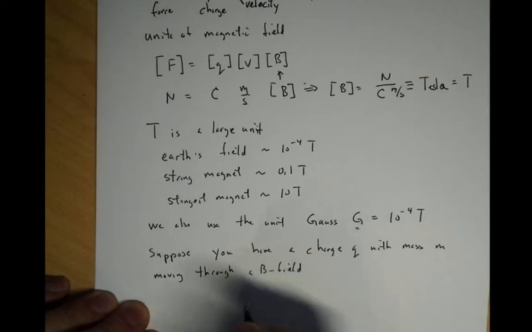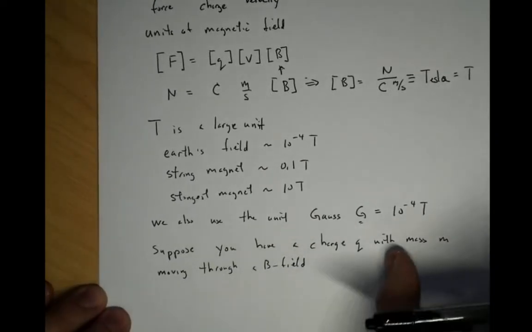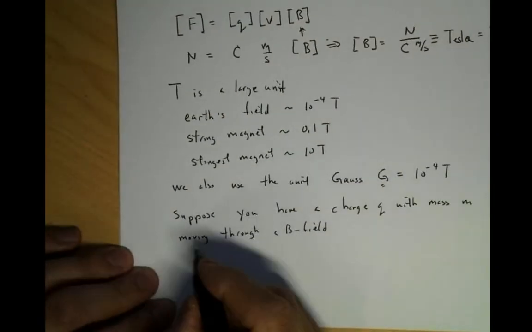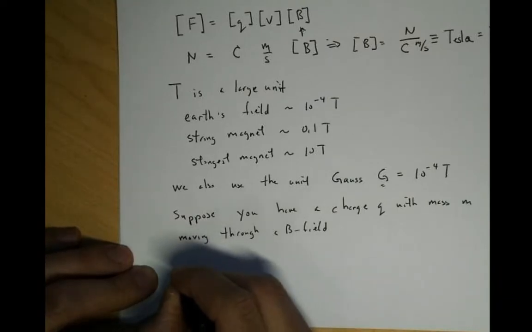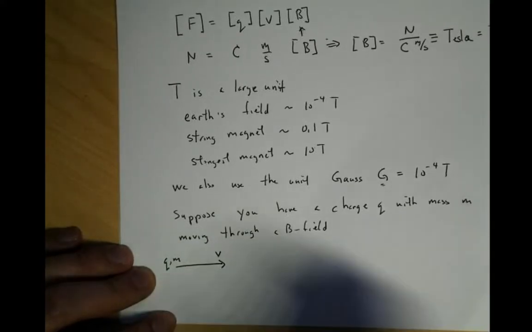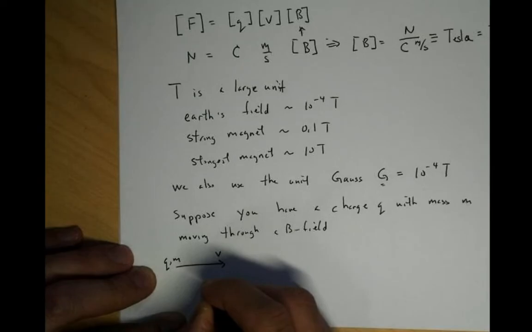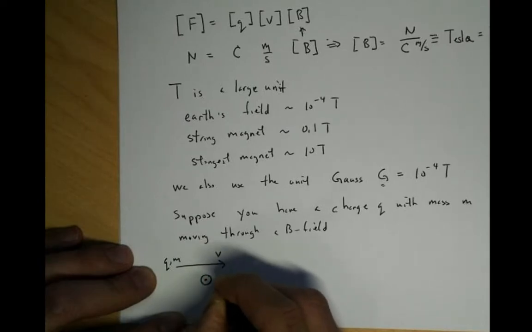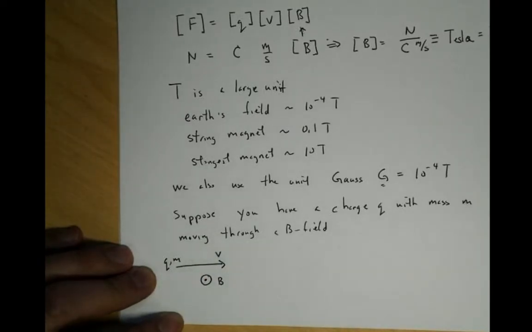The B field is the magnetic field. So I'll draw a picture here. This is my velocity, my charge Q, M, moving with velocity V. I'm going to draw the B field as coming out of the page. That's my B field.